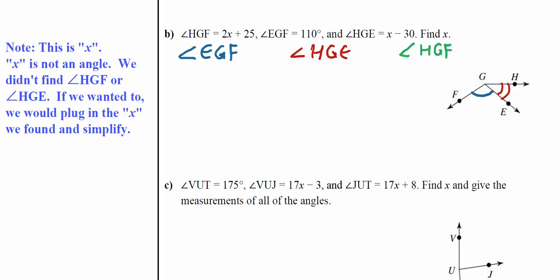Let's go ahead and set up the angle addition postulate for this next one. So we have EGF plus angle HGE, so the 2 smaller angles, they add up to the larger angle. We can go ahead and substitute what we've been given. This is a bit more algebraic. So EGF is 110.